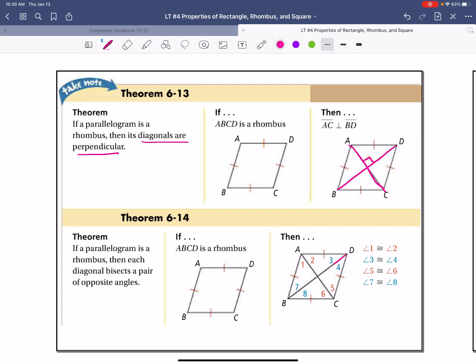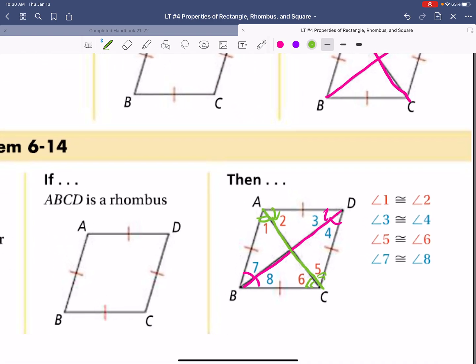So this diagonal is bisecting these angles, and this diagonal is bisecting these angles. And we get that all 4 of those are congruent because a rhombus is a parallelogram. Parallelogram has opposite angles congruent. And so if in a rhombus, the diagonal is bisecting that angle, then we get that all 4 of those are congruent.